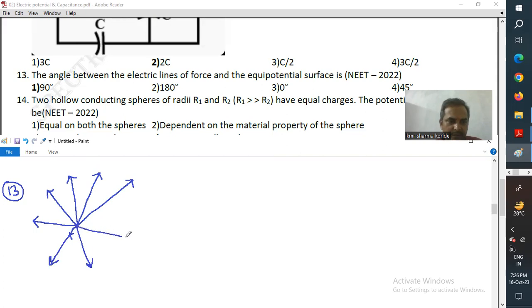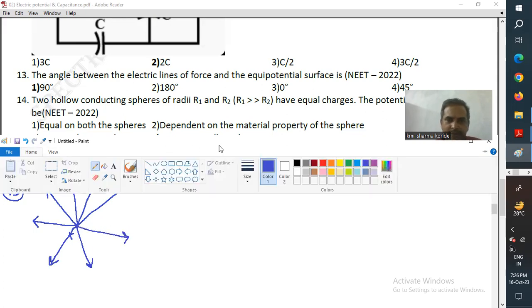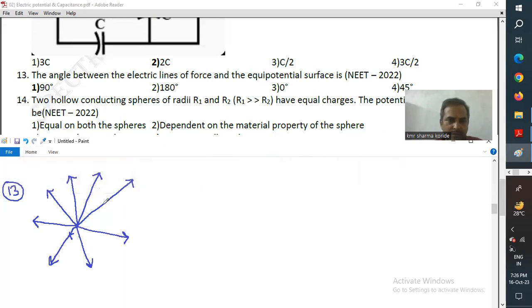like this. So therefore choose points which must be at the same distance from the respective charge. Charge is here. So let's say this is point A, this is point B, which is also at R from the respective charge. C is also at R from the respective charge. This is point D, also at R from the respective charge.